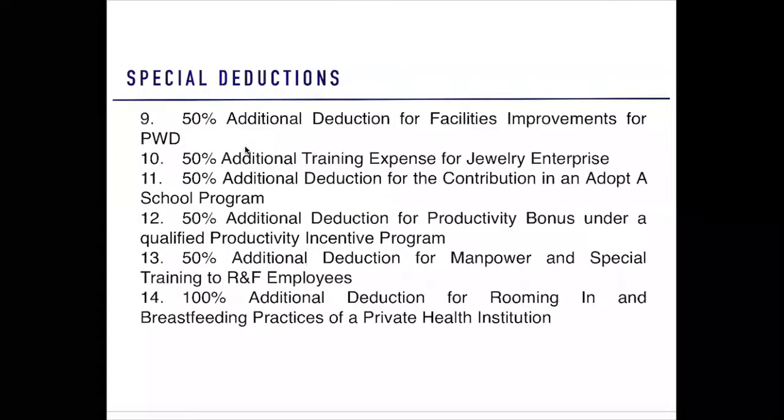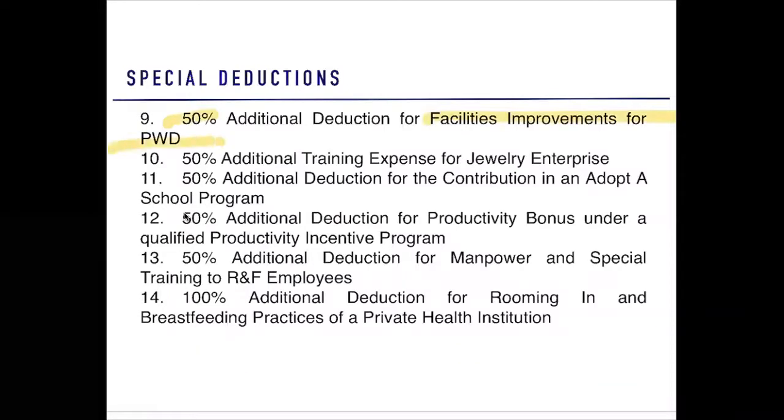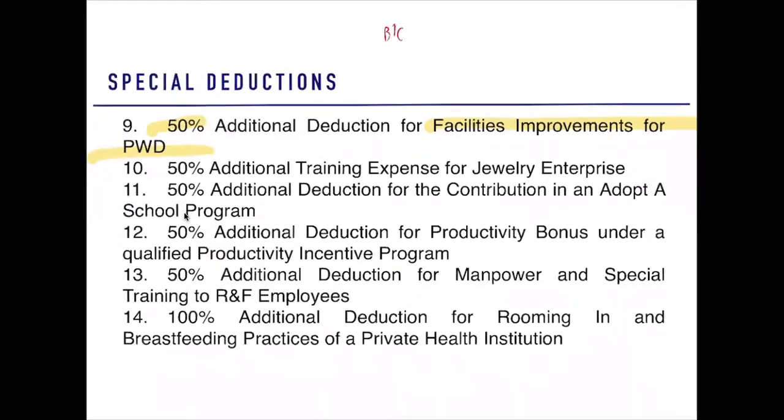Other deductions. So these are all additional deductions. Aside from the amount, you will add additional amount. So 50% for facilities improvements for PWD. So for example, your building is only composed of stairs. Okay. Di ba?